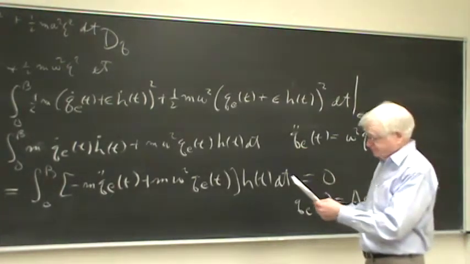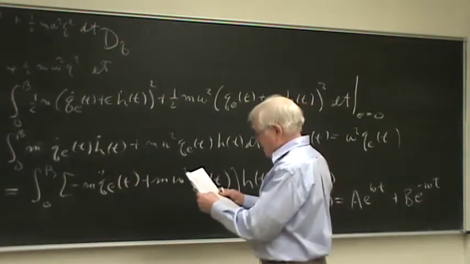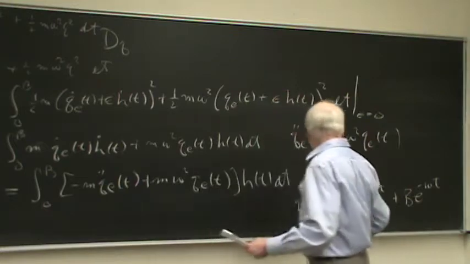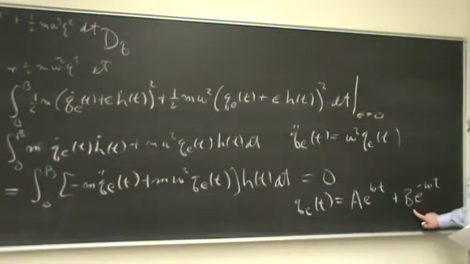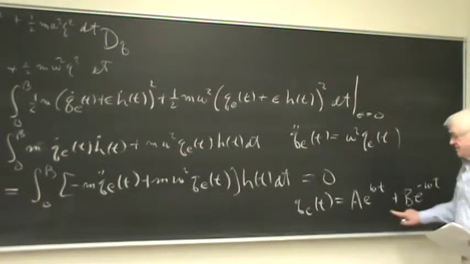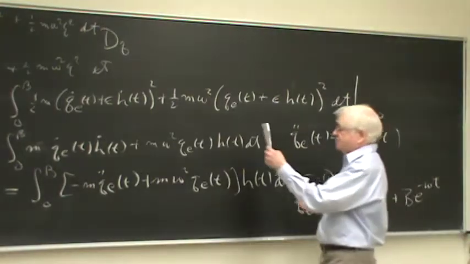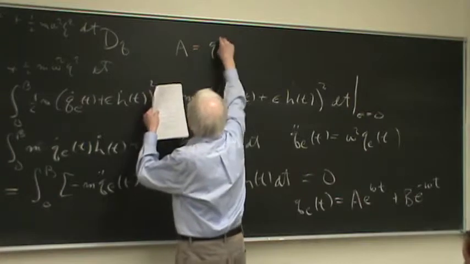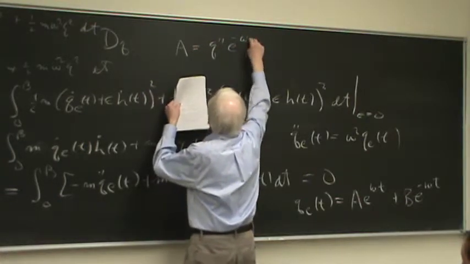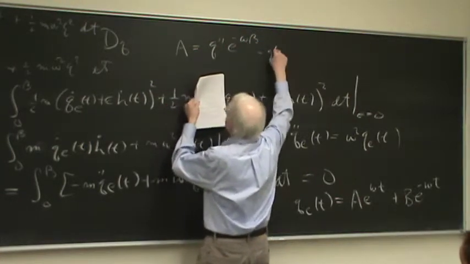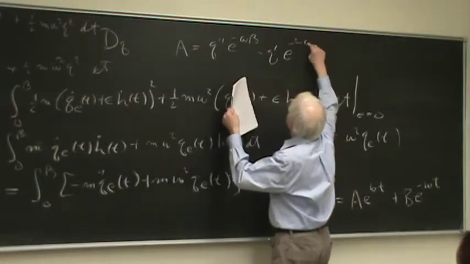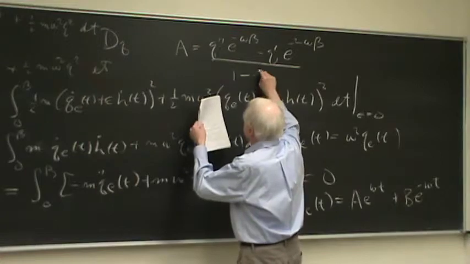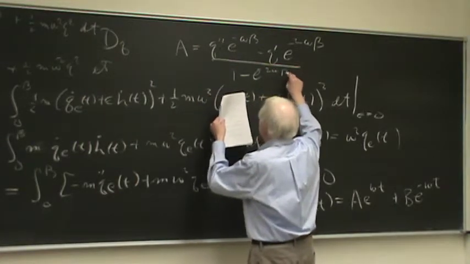Okay, anyway, so this is our Euclidean solution. Let me say what the path is. Obviously we have to choose A and B in order to satisfy the boundary conditions. And those boundary conditions are that A is Q double prime e to the minus omega beta minus Q prime e to the minus 2 omega beta, divided by 1 minus e to the minus 2 omega beta.